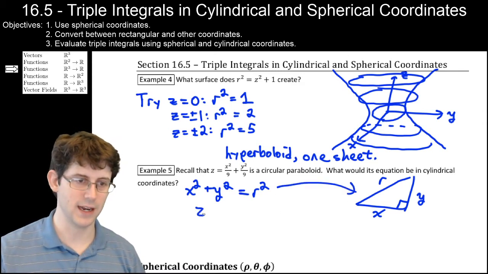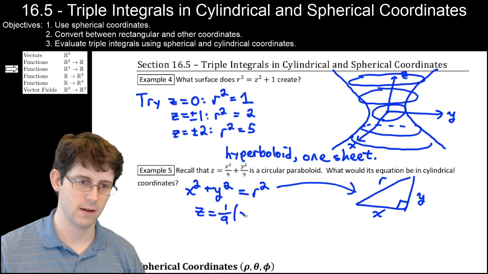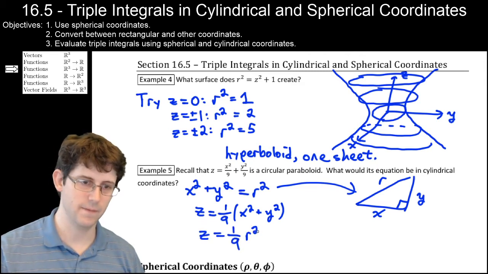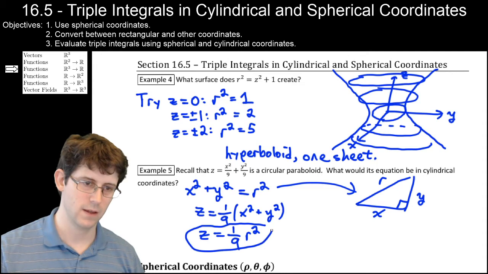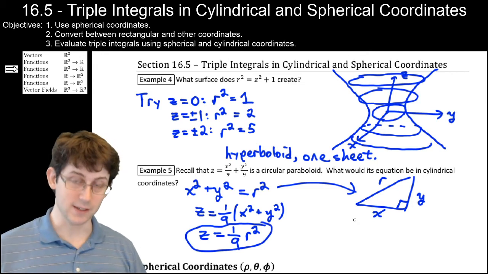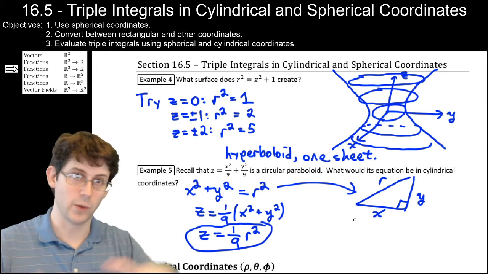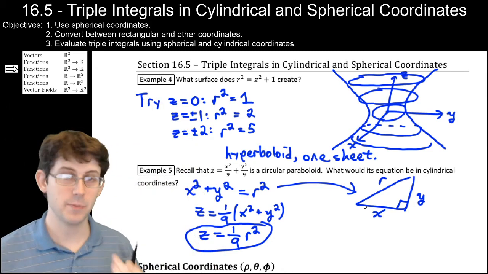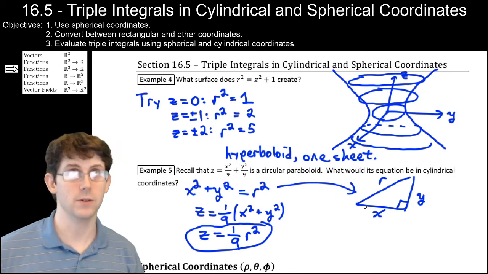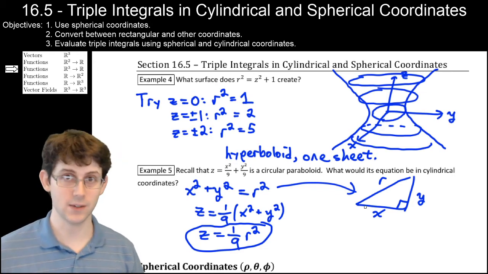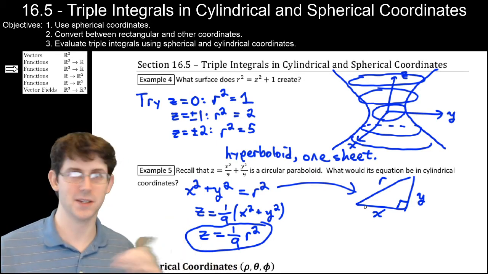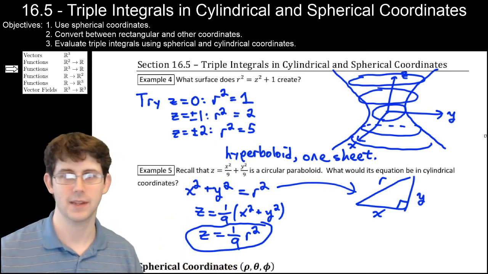So I'll just factor out the 1/9. And I see that this is z equals 1/9 r squared. So a paraboloid looks like z equals a number times r squared, and you'd get this nice paraboloid. So that's basically how cylindrical coordinates work. You leave z alone, you change x and y into r and theta, and you're basically just using polar coordinates, but there's also a z there, and that's it.